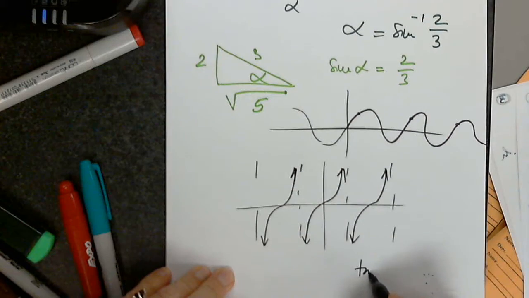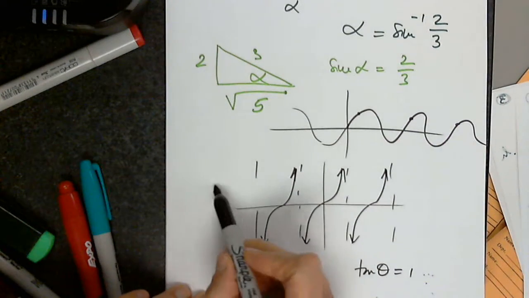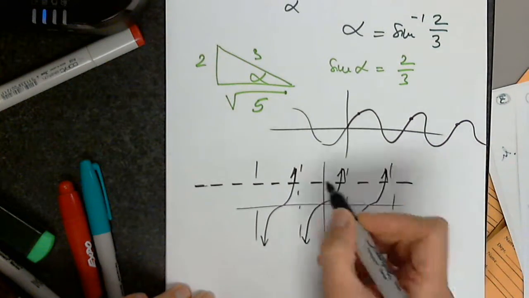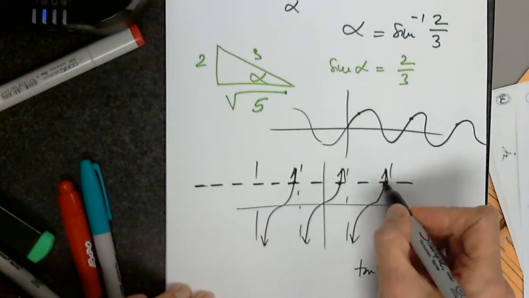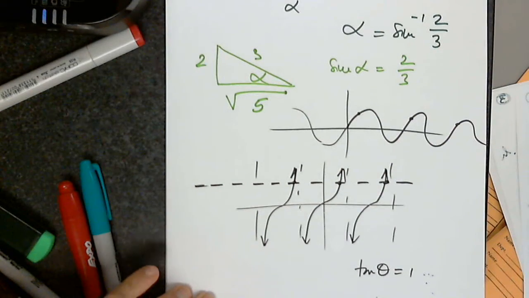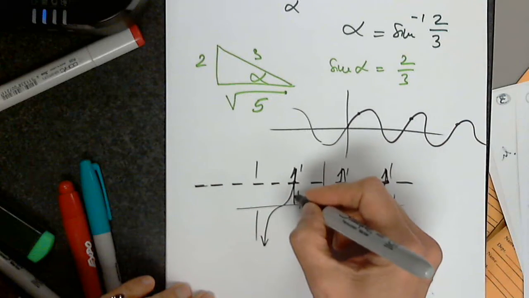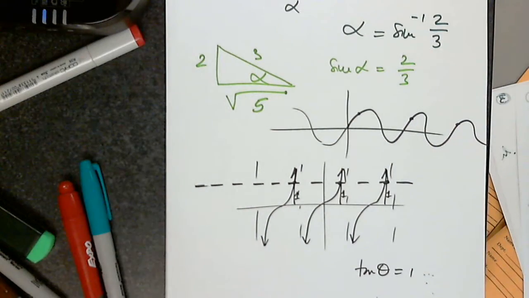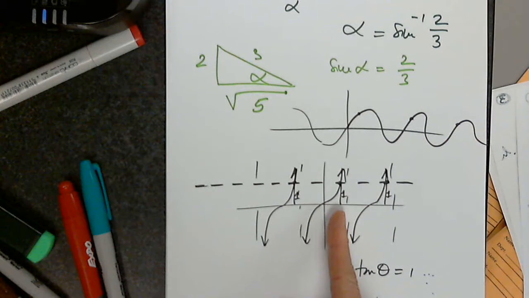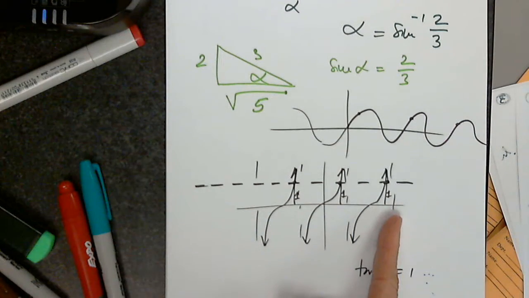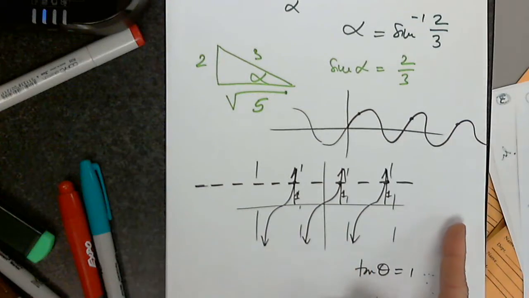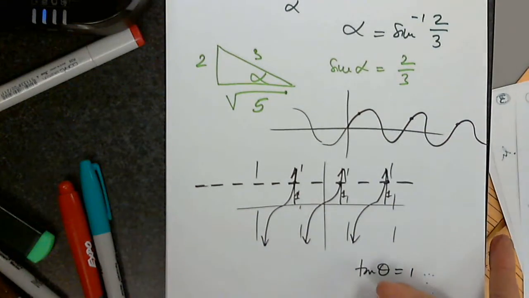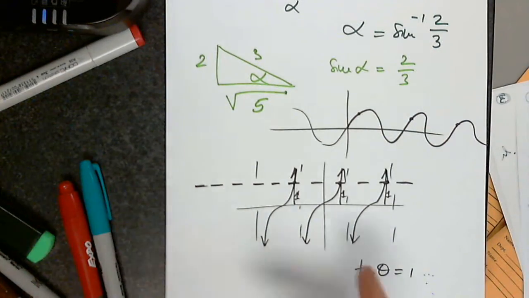So if you want tangent theta equals 1, one solution, second, third, infinitely many, because this is 1, 1, 1. So I have pi over 4, but I also have pi over 4 plus pi, pi over 4 plus 2 pi, pi over 4 plus 3 pi, pi over 4 minus pi, pi over 4 minus 2 pi, everywhere.